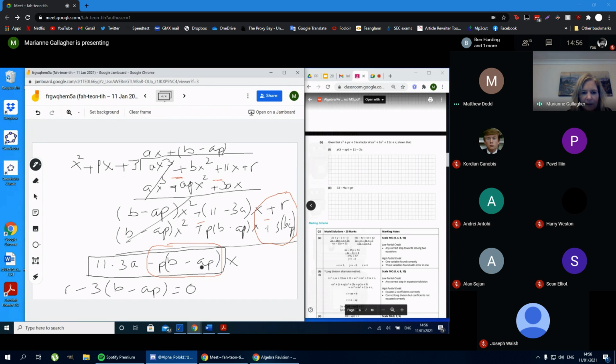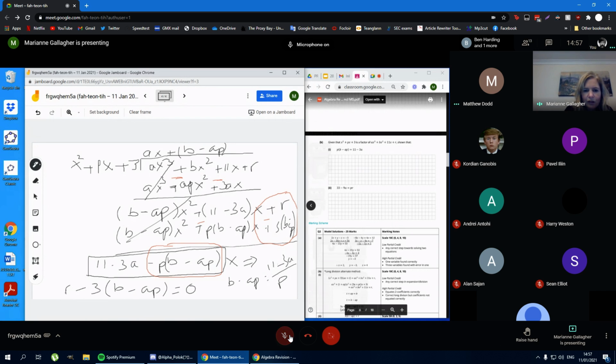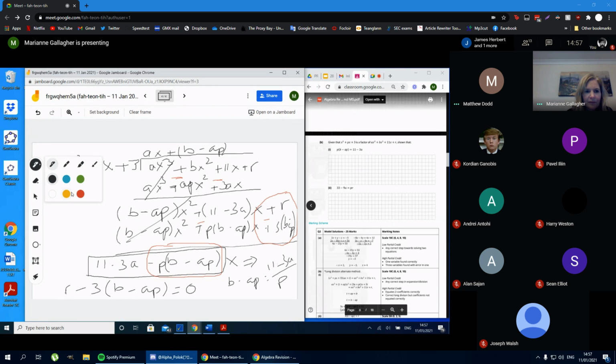See the B minus AP here, okay? So we have B minus AP is 11 minus 3A, okay? So this one tells us that B minus AP is equal to 11 minus 3A over P. That makes sense? So just rearranging part 1.